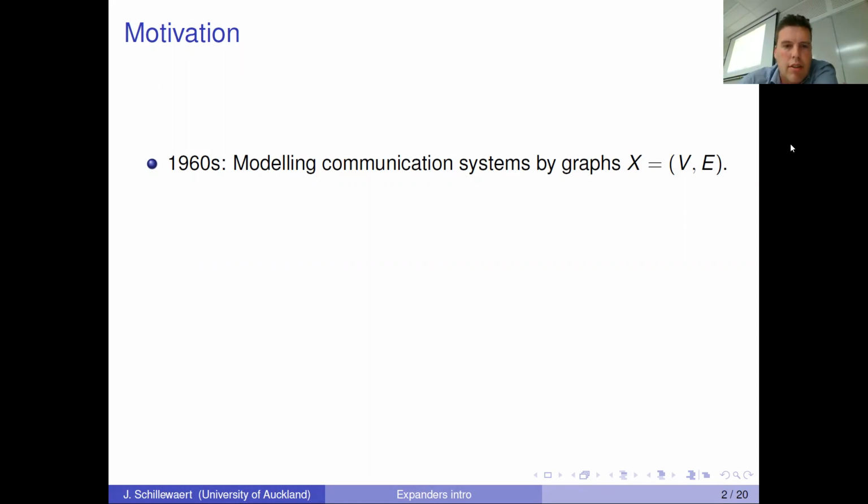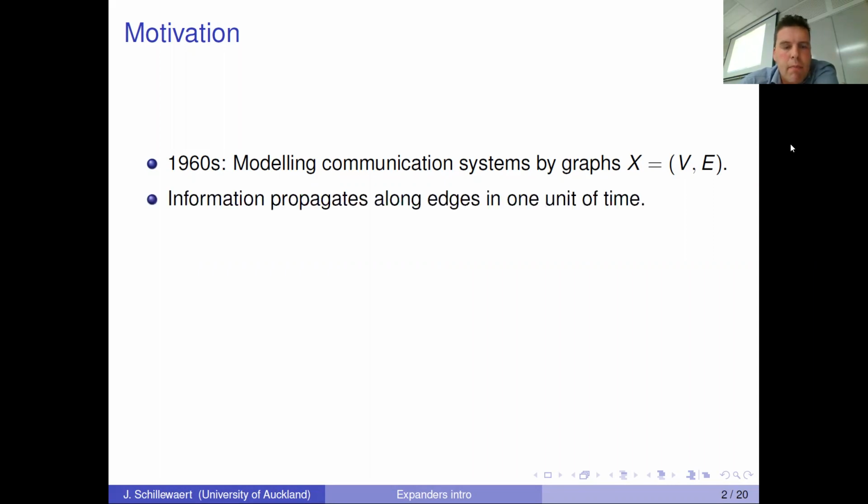There was a lot of interest in communication systems back then, and still is today. You can assume that information propagates along edges in 1 unit of time. So you have, say, some information sitting at some vertex or node, as the engineers would call it, and then that information starts to flow through the network 1 bit at a time.